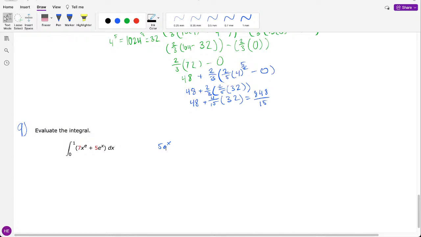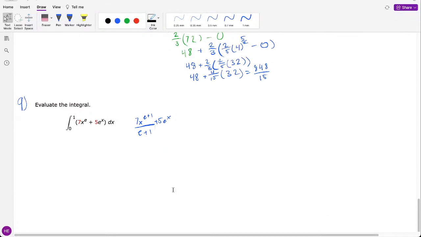Looks like we just do 7x to the e plus 1 over e plus 1. And then we're adding here. Okay. And then we evaluate it.